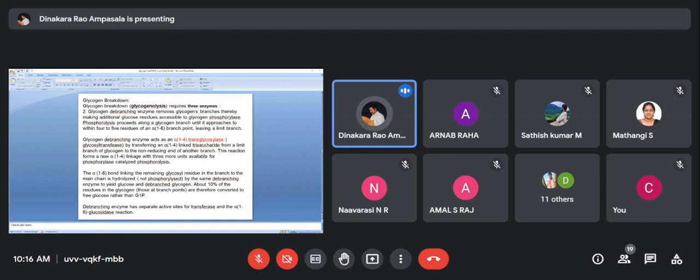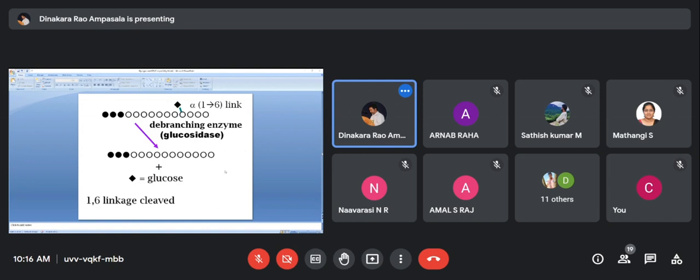This branch will be removed and added to another branch, so that it can be removed as glucose 1-phosphate, and the branch point glucose will be removed by simple hydrolysis, just as a glucose molecule. So the branch glucose is removed as free glucose. This will enter the blood system, so that glucose levels go up.